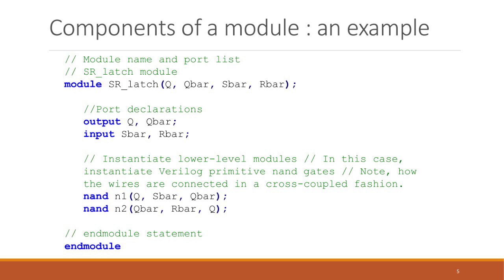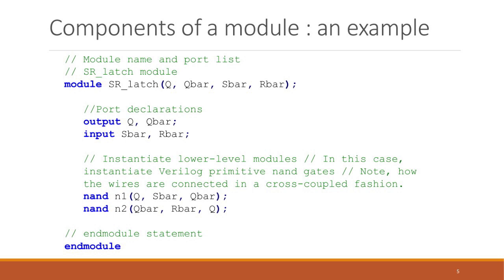So now once we are done with input output ports declaration, we then need to define the internals of the module using lower level modules. In this particular example, we do this by instantiating gate level modules. So what we are using here is gate level modeling in Verilog. Now we instantiate two NAND gates to achieve our design we saw in the previous slide.